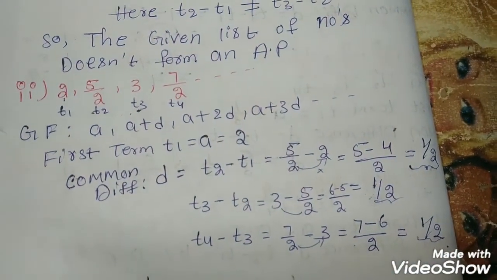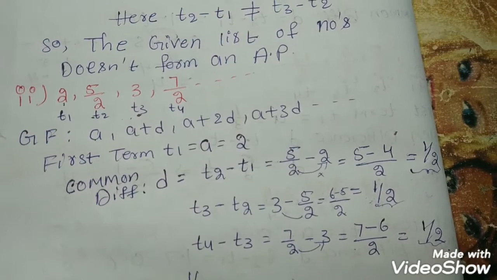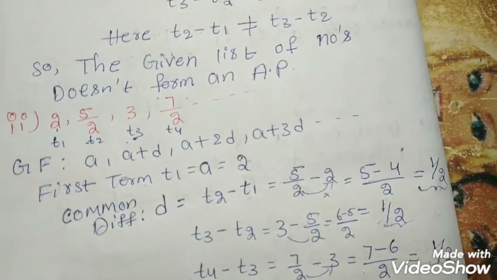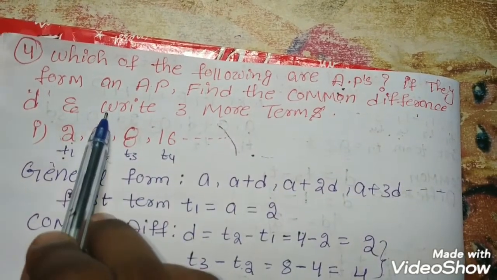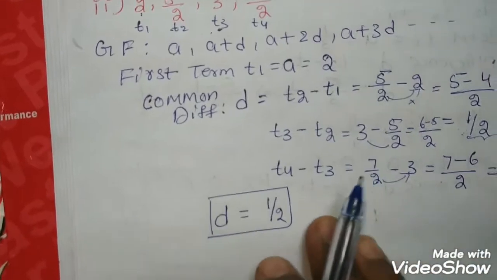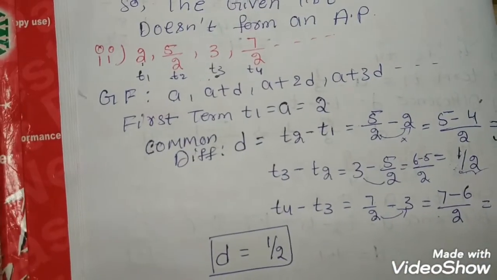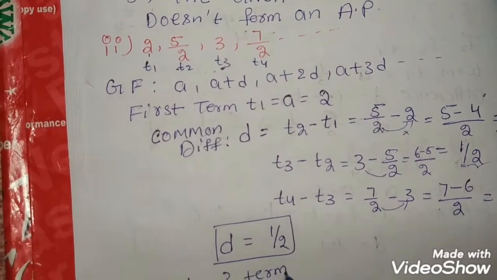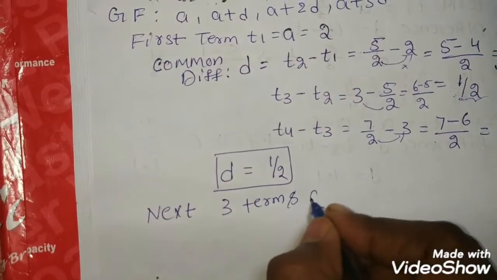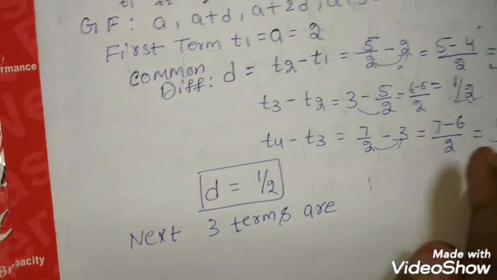You can write common difference D is equal to 1 by 2. So this is an arithmetic progression, and what they asked is to write 3 more terms. So we have to write the next 3 terms. What are the next 3 terms?